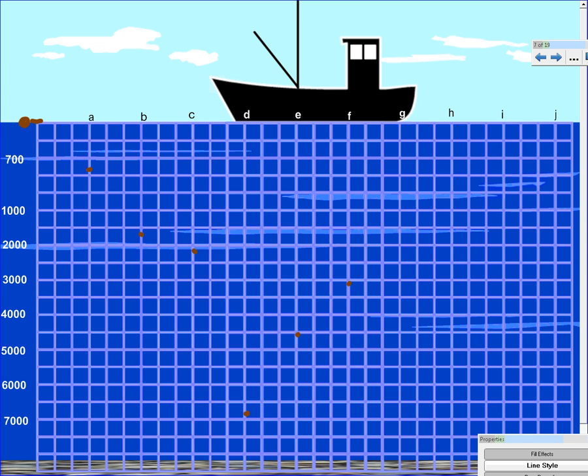G, 1,524. H was the same thing, and I was the same thing. J, 762. So then you have to connect the plots from location to location. We're going to start at the coast, because that's where your boat had to start, and you just connect them with the line graph.